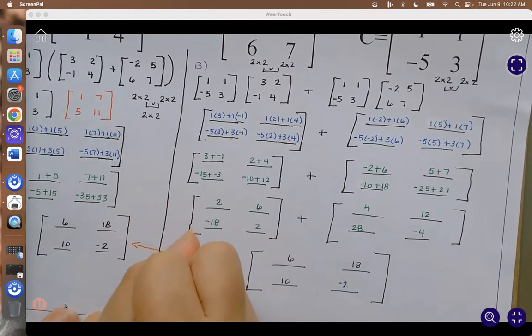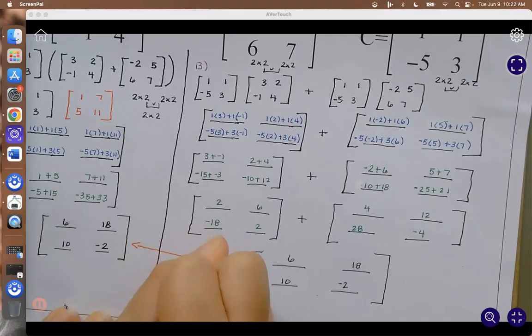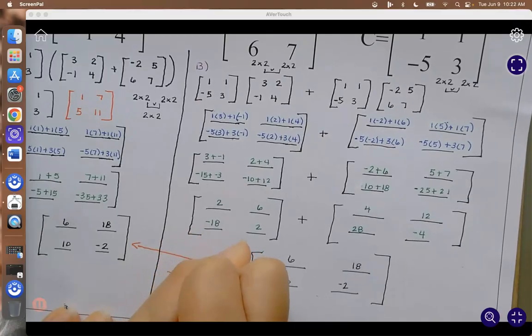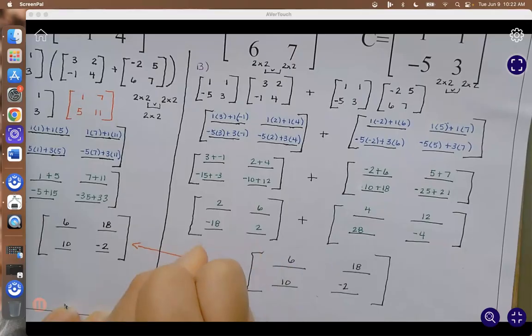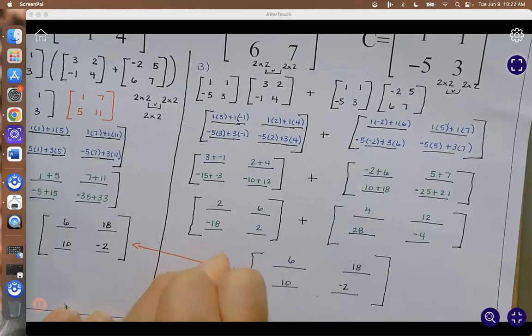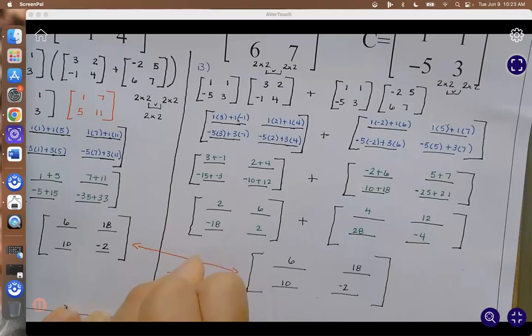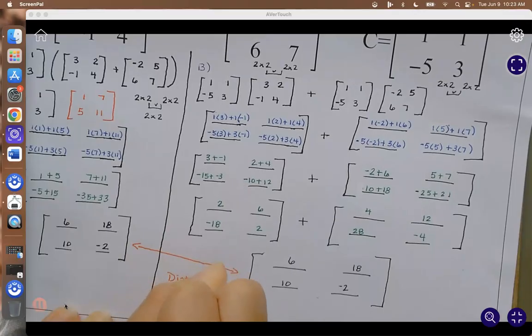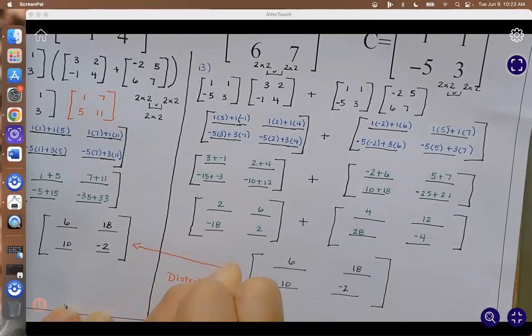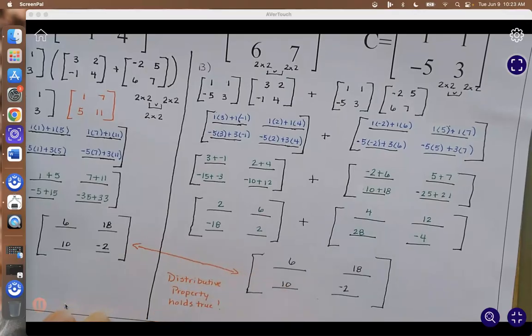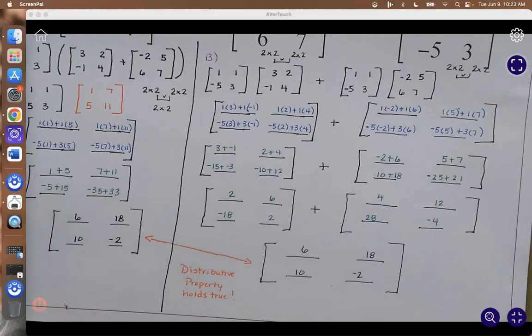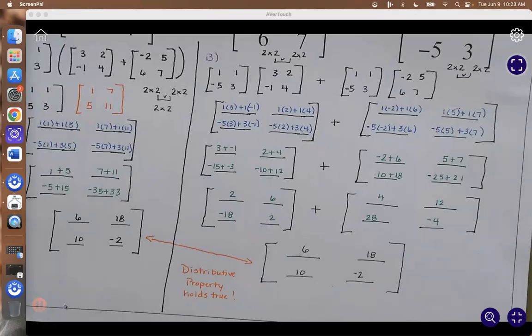So, distributive property holds true. Okay, so distributive property holds true. Commutative property is only sometimes true. All right, if you have any questions, please let me know. I hope you have a great day.